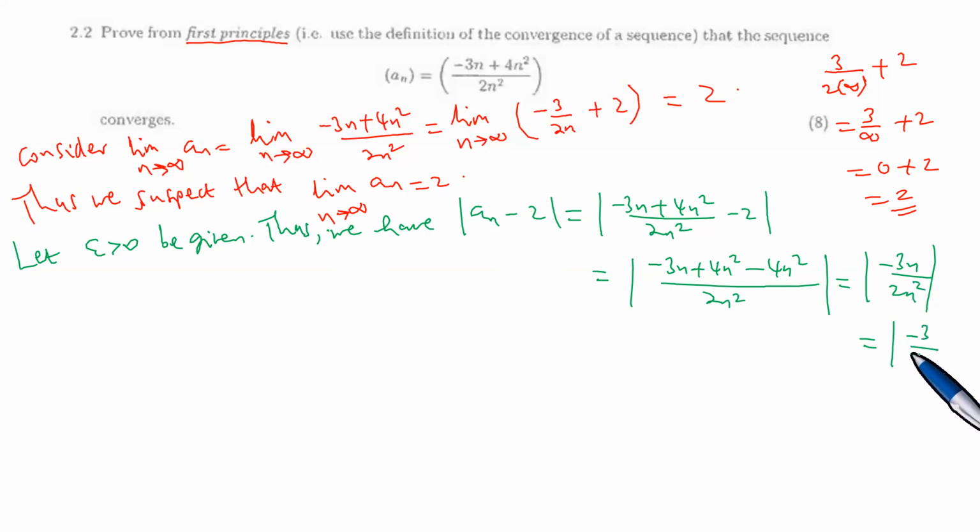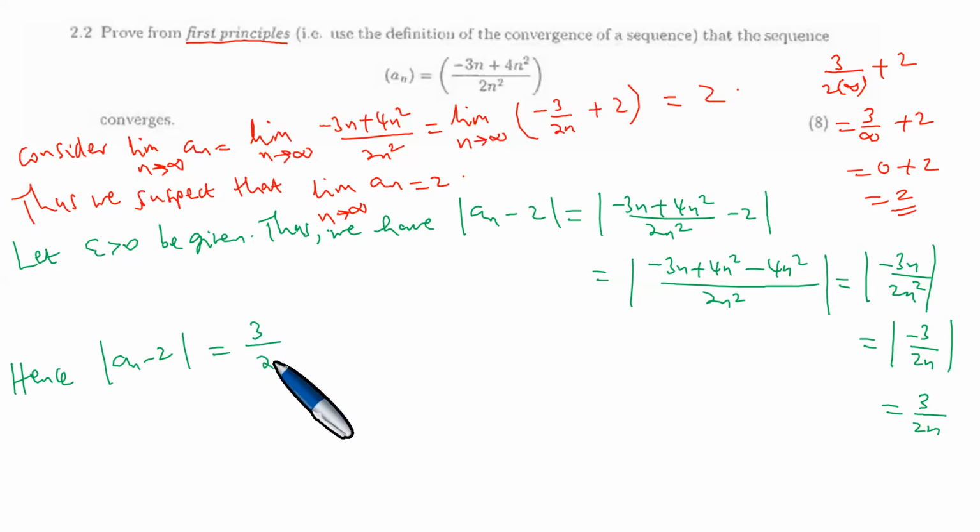But it becomes minus 3 over 2n, which is 3 over 2n, like that. Hence, this is 3 over 2n. It's less than epsilon.